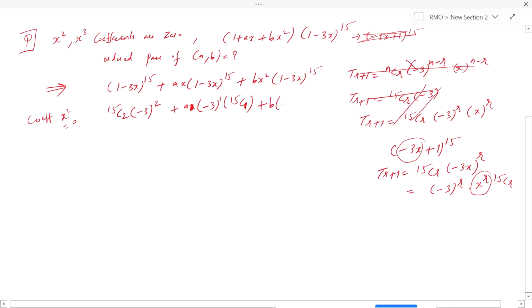Plus b, again 0, meaning minus 3 raised to 0. What happened? I think you are not able to do it.